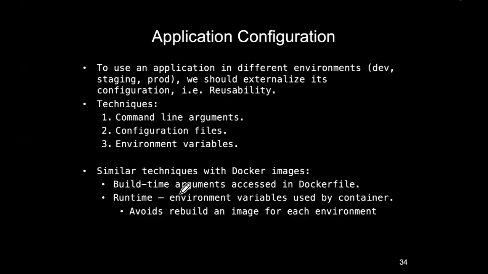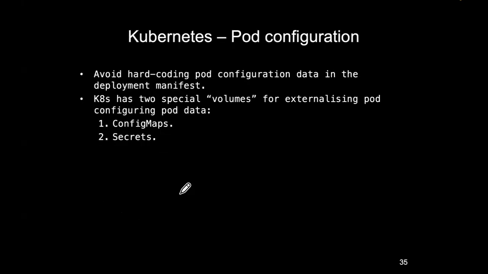That's fine. Now, moving into our Kubernetes environment, we're talking about pod configuration. And I probably should have mentioned that we've looked at pod manifests, replica set manifests and deployment manifests.